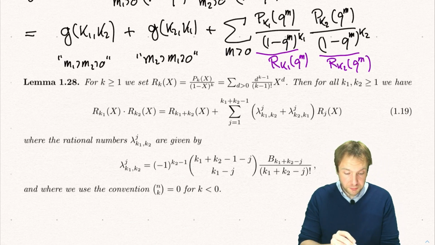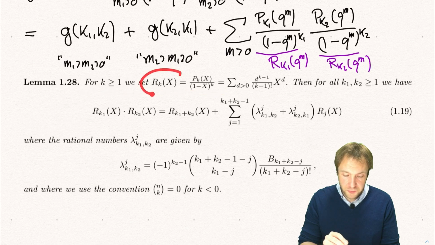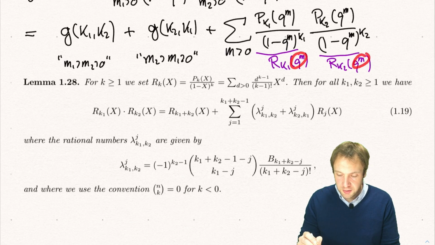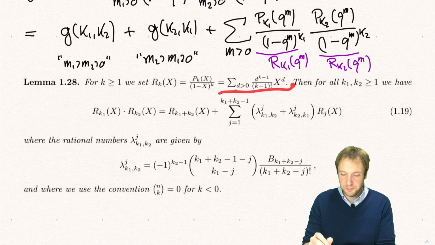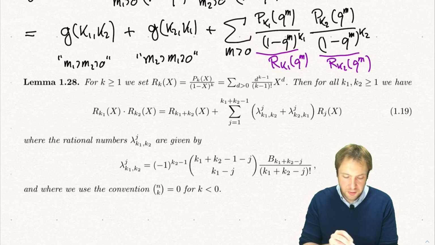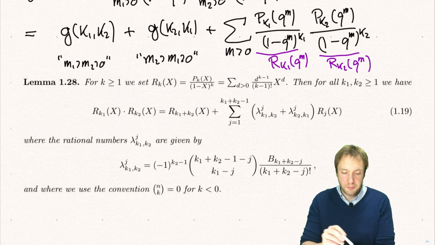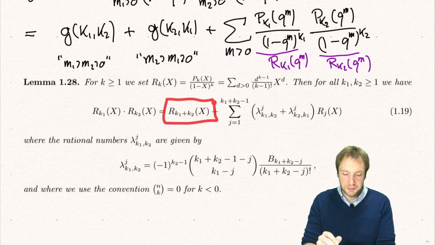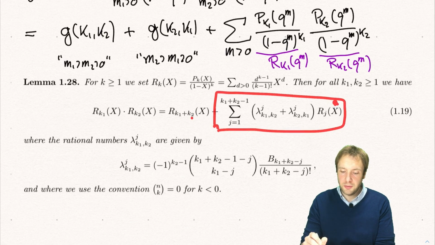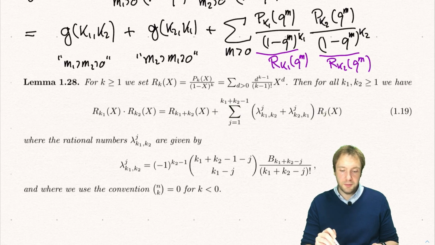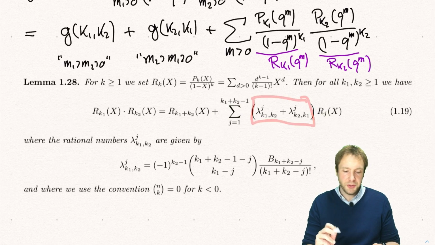You can show that if you take a product of two of these r_k of x, it doesn't matter what we put in there, which is defined exactly by this rational function, then the product of two of them is given as r_(k1+k2) plus a linear combination of r_j for j strictly smaller than k1 plus k2 with some rational coefficients.